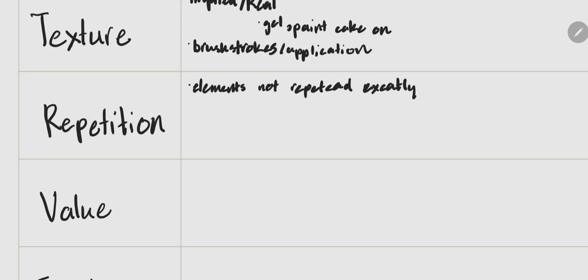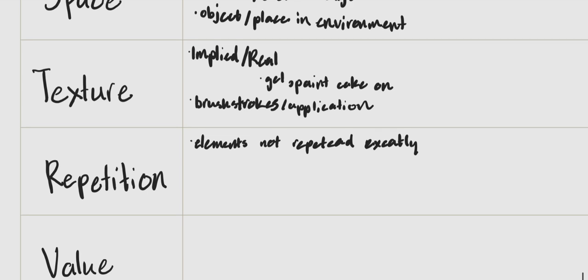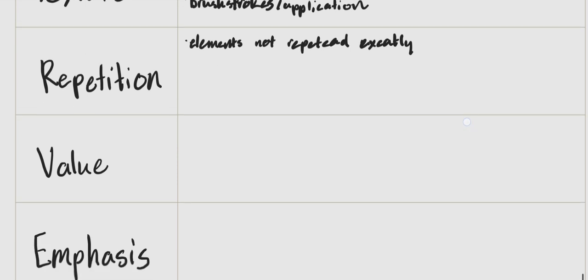If you put a cube, you can put another cube, but it could be smaller, or you could put another cube and it could be bigger, or you can change the texture, or you can change the color. So you keep one element, but you might tweak it in a different value.